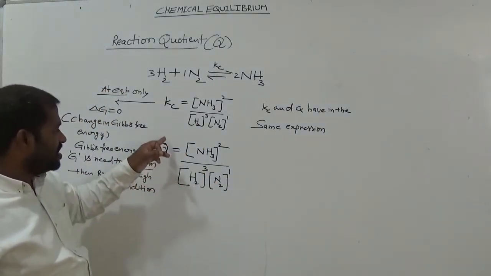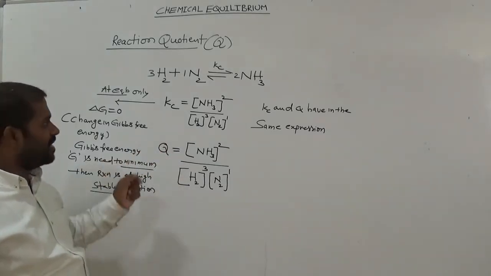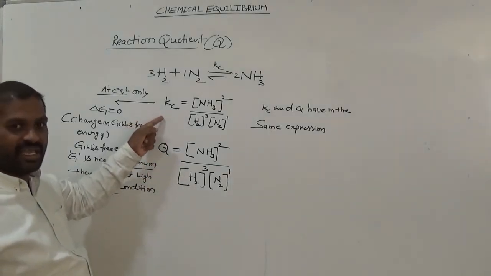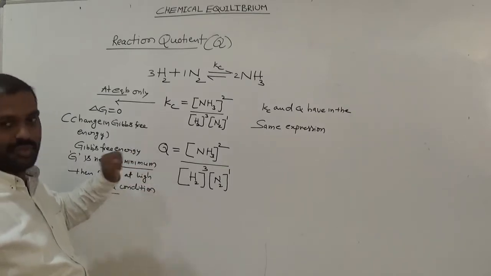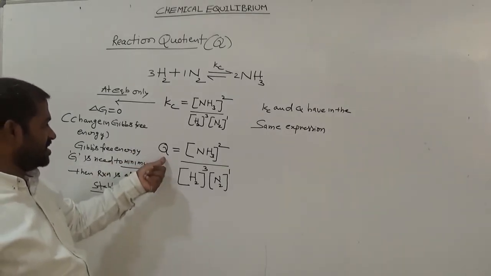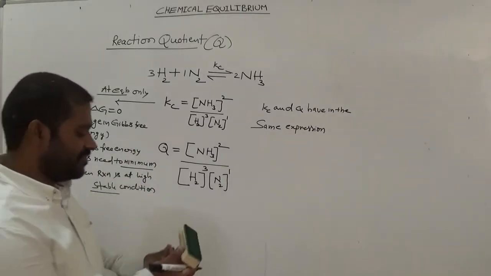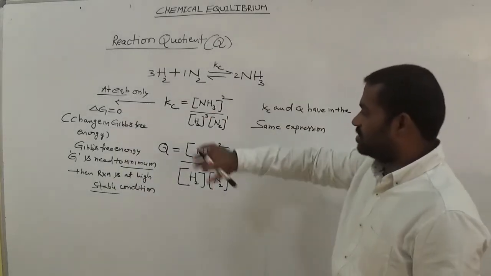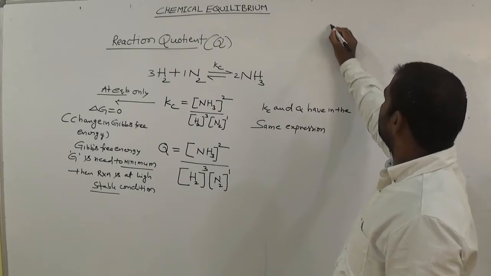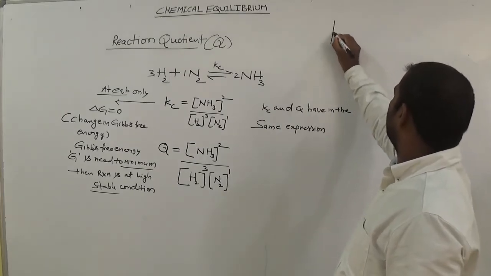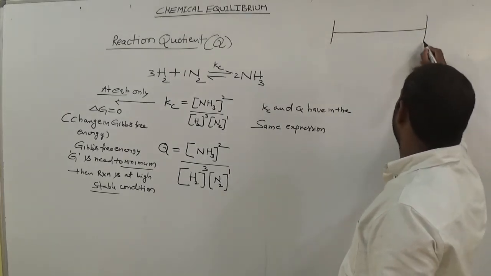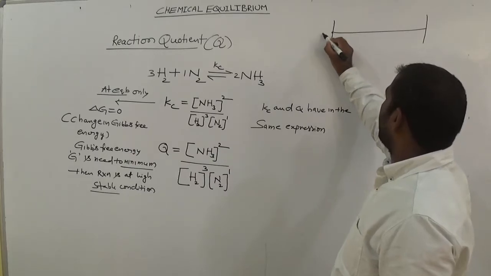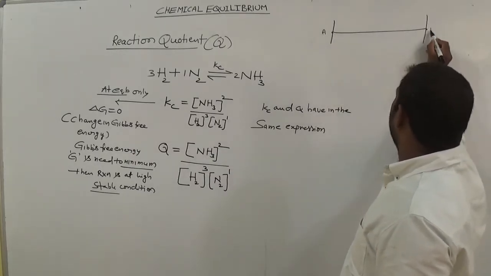Now this is also the same expression, but here instead of Kc, I prefer to take Q. Why? What is the meaning of Q? Okay, let's see a simple example to understand this. This is point A, this is point B, am I right?